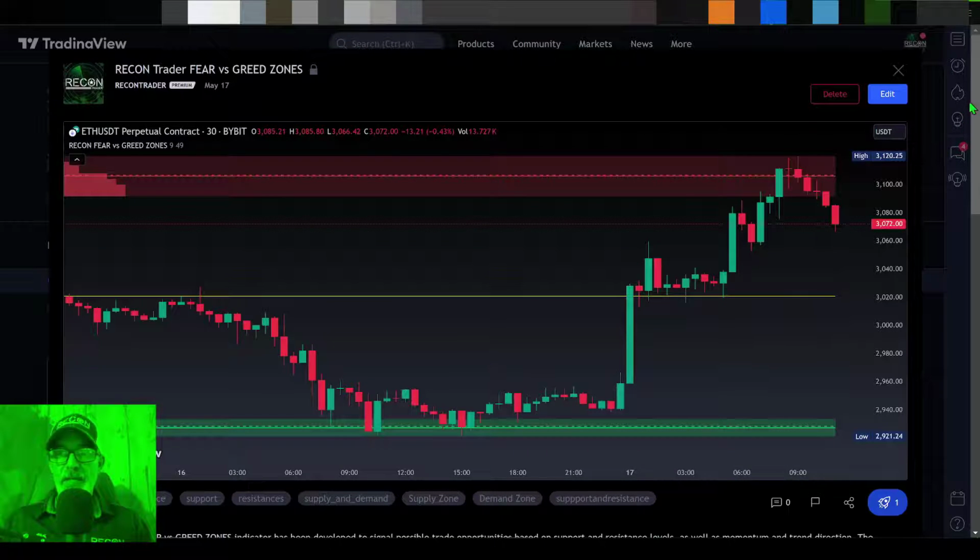Now, again, as I mentioned, I developed this indicator to help identify the fear and greed zones when it comes to trading cryptocurrencies like Bitcoin, Ethereum, what have you. And the fear and greed zones can be used to identify resistance or reversal opportunities, or in the case of the fear zone down here, is where all the selling is taking place.